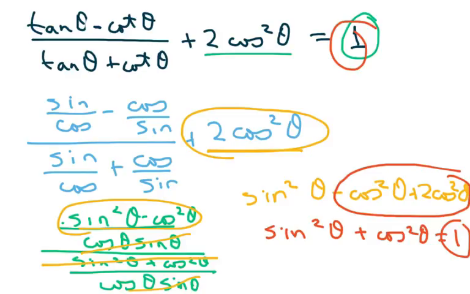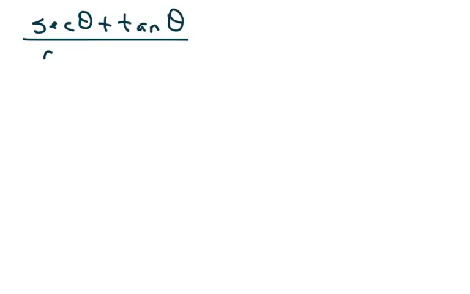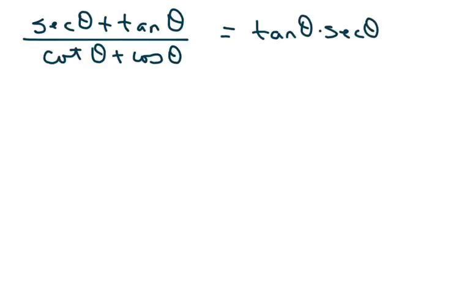Okay, and then the last one I'm going to do for this video is secant squared theta plus tan theta, it's not squared, over cotan of theta plus cosine of theta. And this is supposed to equal tan of theta times secant of theta.